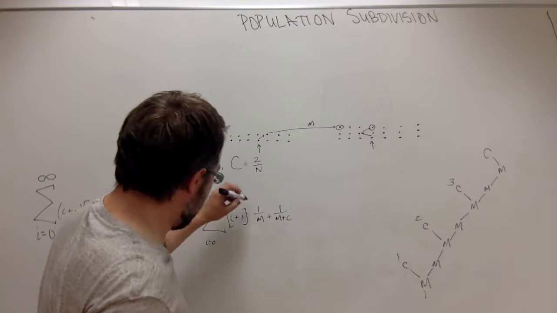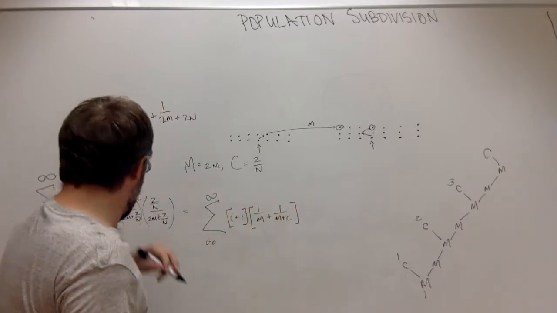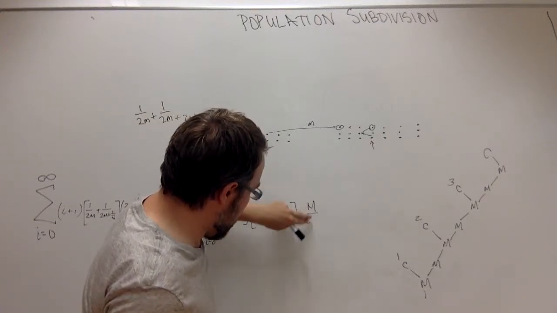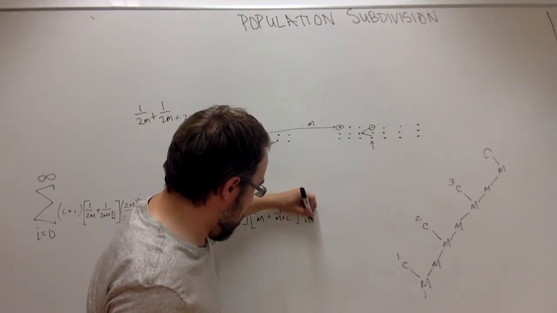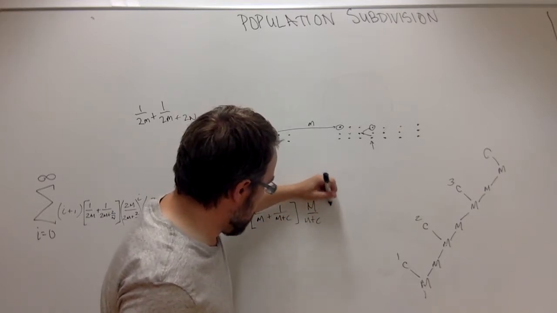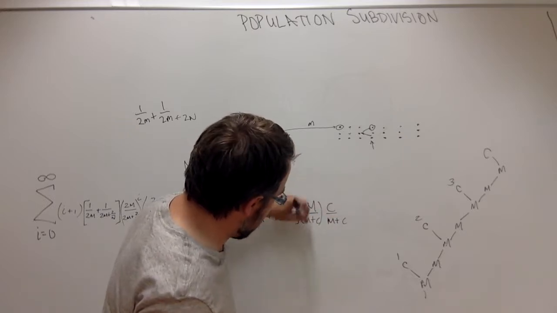Sorry if it's not clear. Times that, times M over M plus C, times C over M plus C. And then this gets raised to the i.